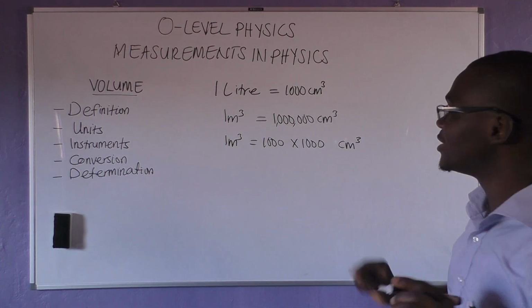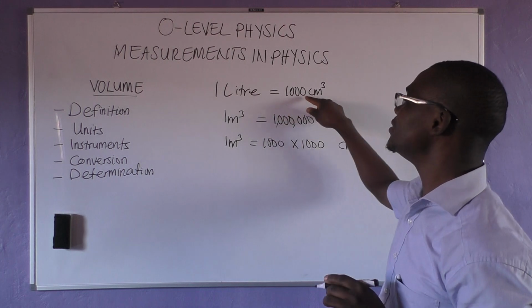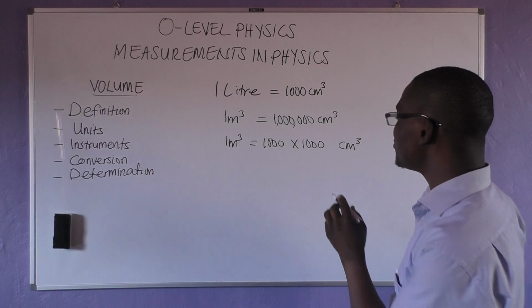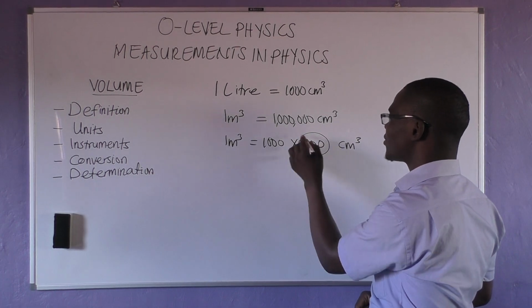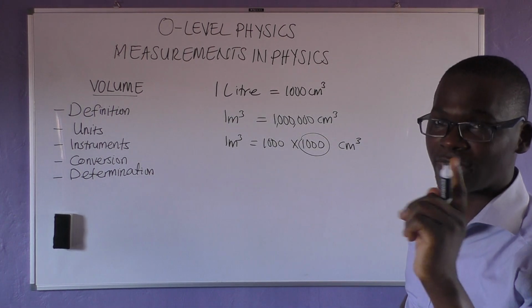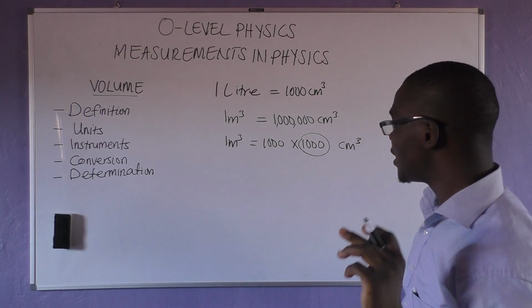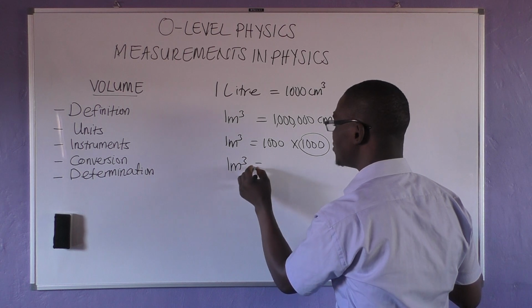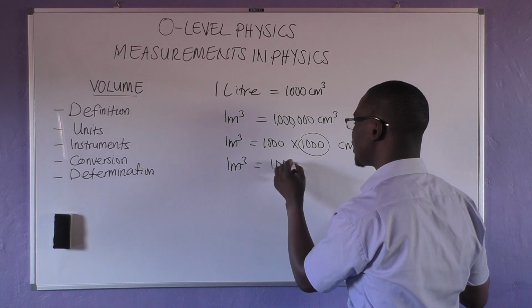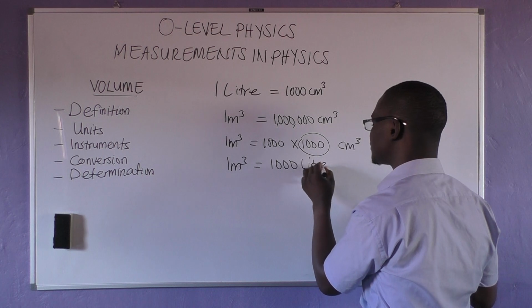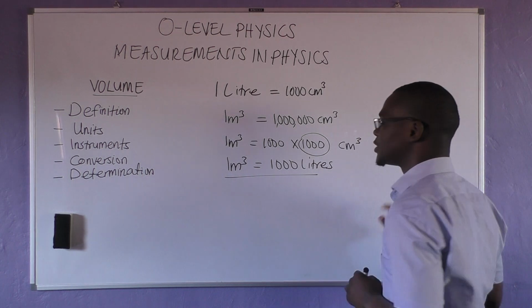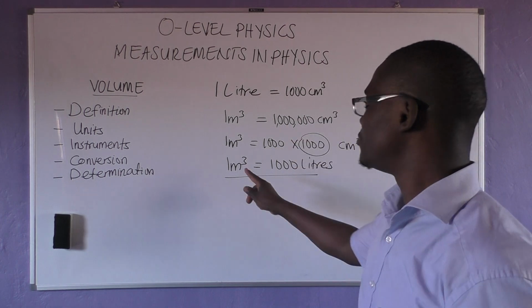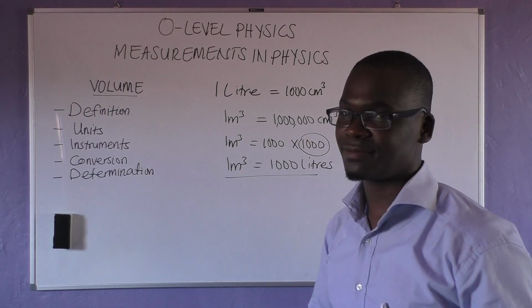But remember, 1 liter is equivalent to 1,000 centimeter cubed, meaning that I'll replace 1,000 with 1 liter. And therefore, I'll end up with 1 meter cubed being equal to 1,000 liters. So that is how we shall convert from meter cubed to liters.